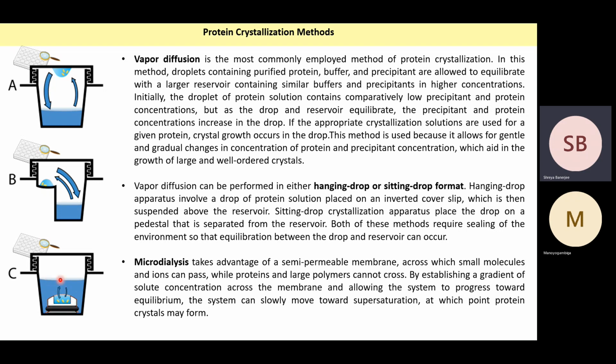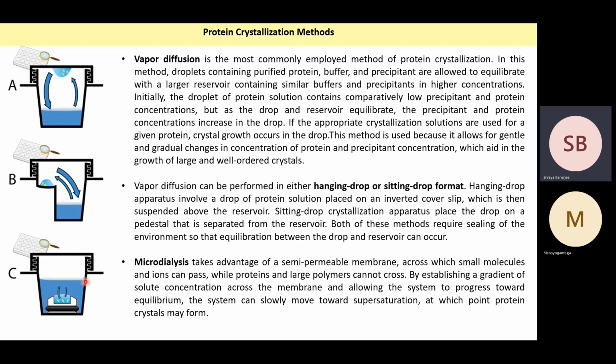So what will happen is that the buffer solution and small ions will pass outside in order to equilibrate this concentration. And this will result in increasing the concentration of the protein inside the membrane. In this way, this protein solution is slowly moving towards supersaturation, and that enables the protein crystals to form.